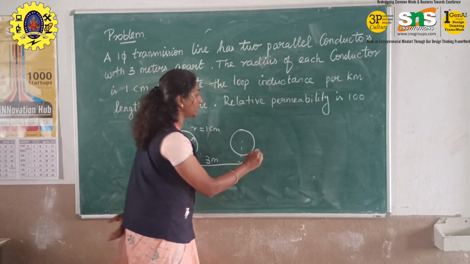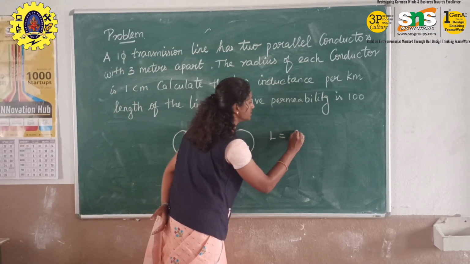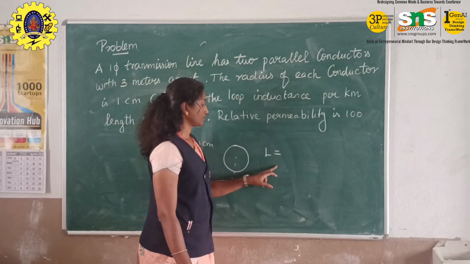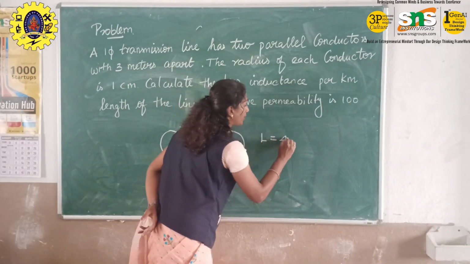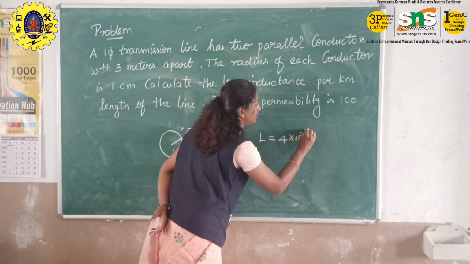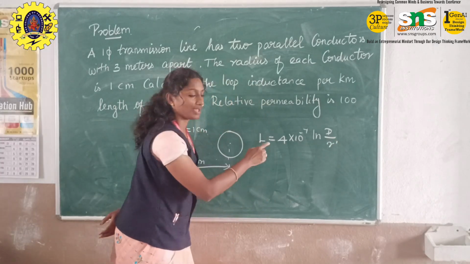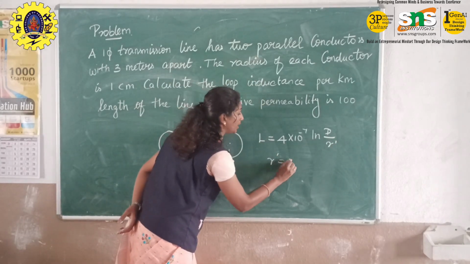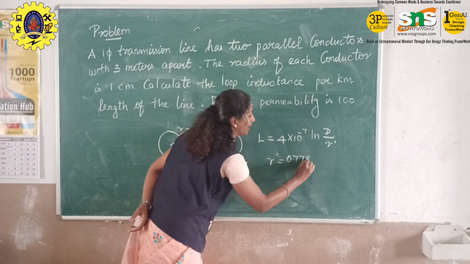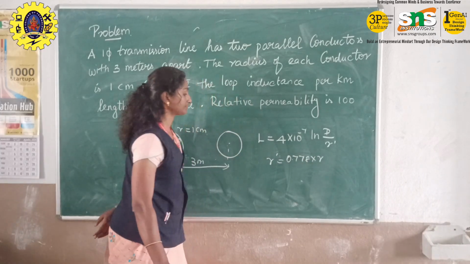As we all know, the formula for inductance is 4 into 10 power minus 7 ln of d by r dash, where r dash is equal to 0.778 into r.